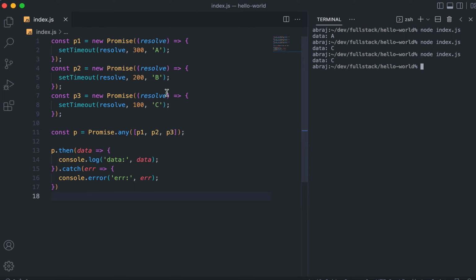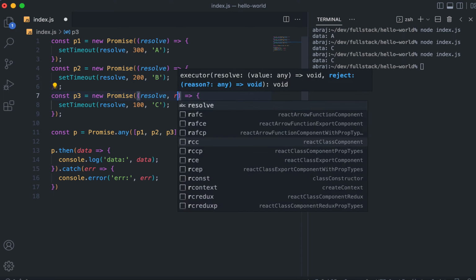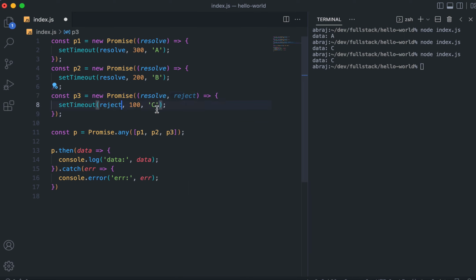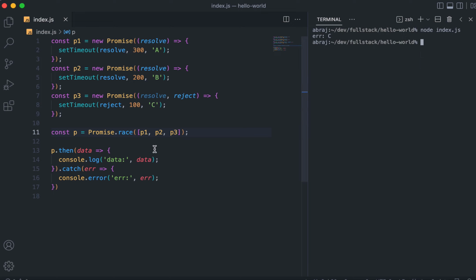Had something been rejecting, let's say the first one is rejecting, then we saw that in case of race, the first one to settle is P3, and that is rejecting, and that's why the answer was error C. But if you convert that race to any, then we will see that we are getting B. What is actually happening is that any does not wait for the first rejection.